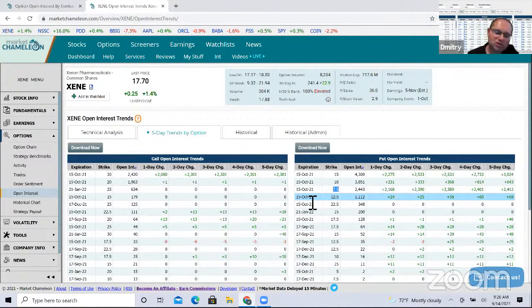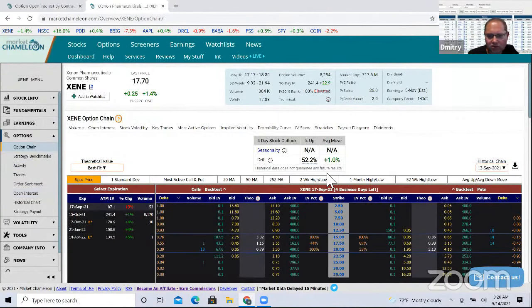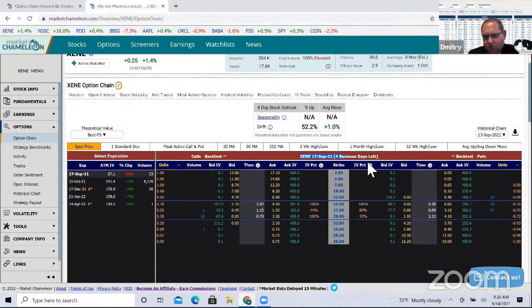You want to go take a look at that event coming up, but we can take a look at history. Let me just take a look here. Next 4 days, we could look historically at the biggest one-day move in XENE, because this is implying a 70% move this way.